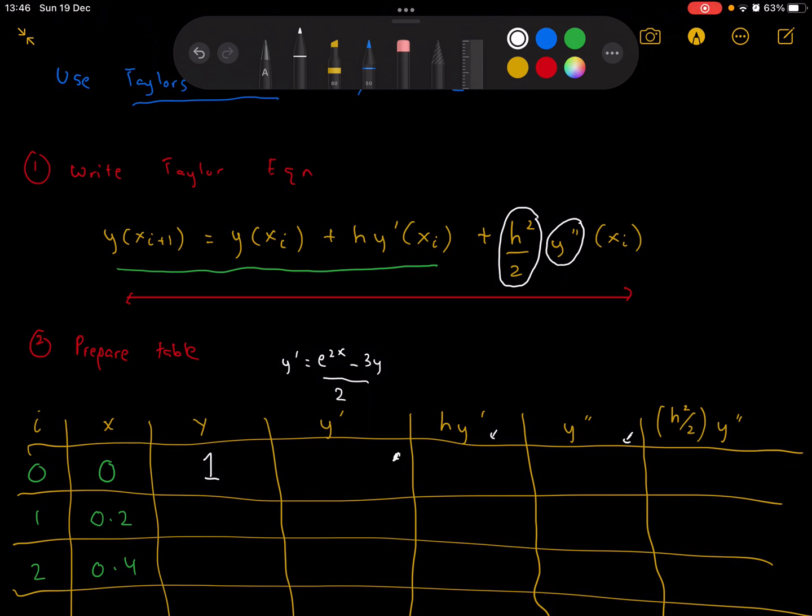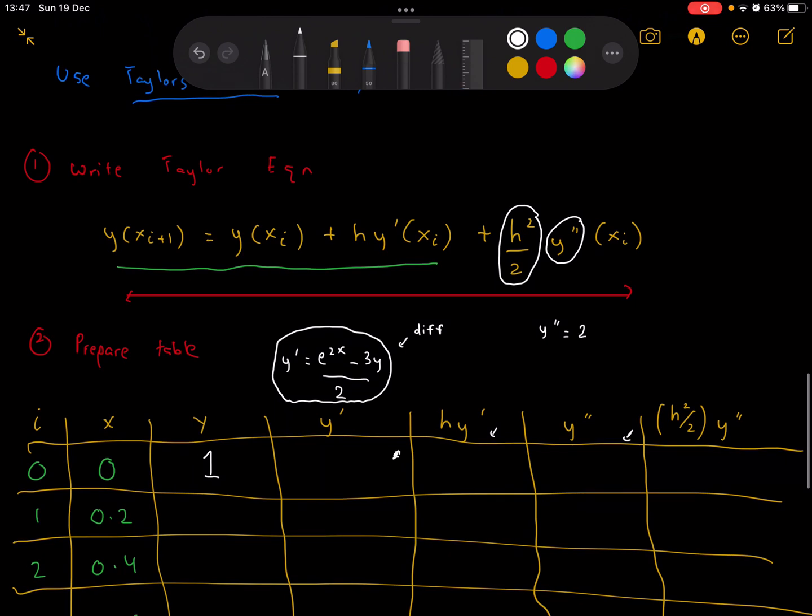So how do we get this y double prime? If y prime is equal to this, then y double prime is just a matter of differentiating it one more time. So if I differentiate this equation, I will get (2e to the power of 2x minus 3y prime) over 2.